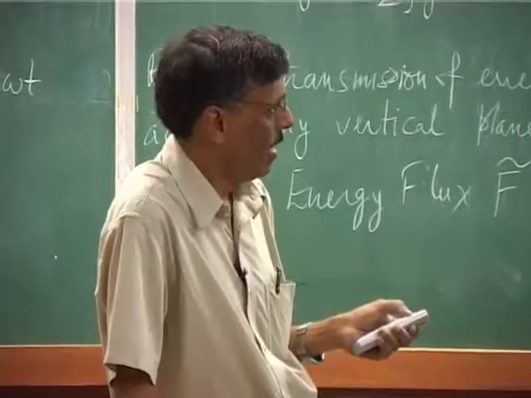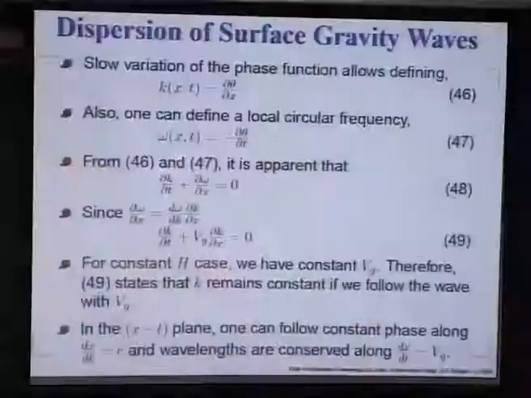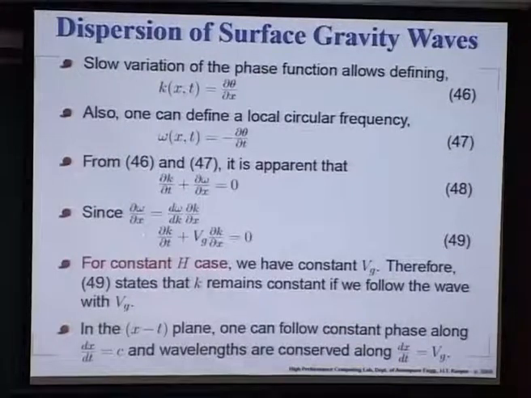And if that is the way you look at the displacement and find its variation with x and t and talk about a local k and local omega, then you can further differentiate this one with respect to t and this one with respect to x, and you see the right hand side will add up to 0.